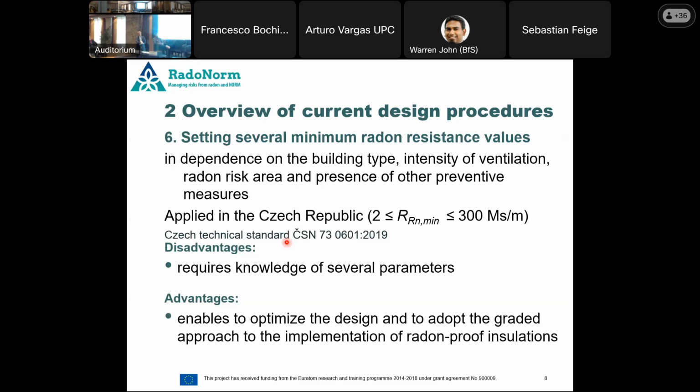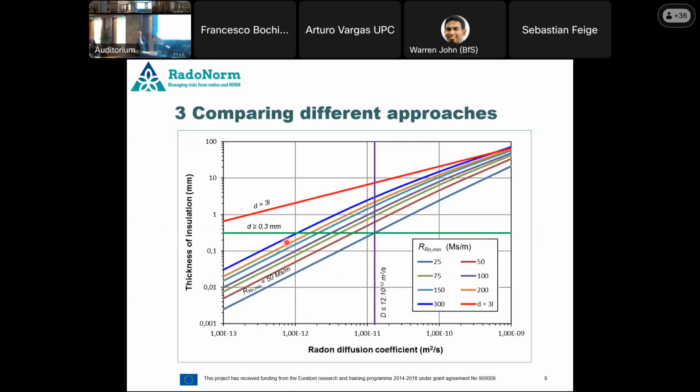And the minimum values are chosen with respect to the type of the building, to the radon-prone category of the building site, and with respect to the presence of other measures against radon. So, in fact, this approach enables optimizing the design so that the possibility of over-dimensioning or under-dimensioning is minimized.